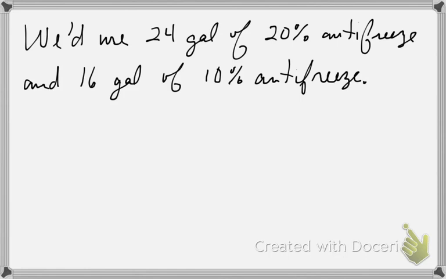So if I take 24 gallons of the 20% stuff and 16 gallons of the 10% stuff and pour it together, I get 40 gallons total, and 16% of it is antifreeze, whatever that material is. Is that okay? Let's do another one like this.